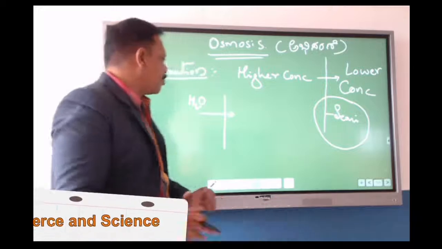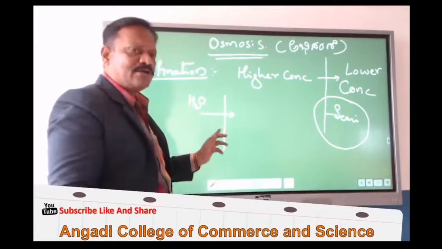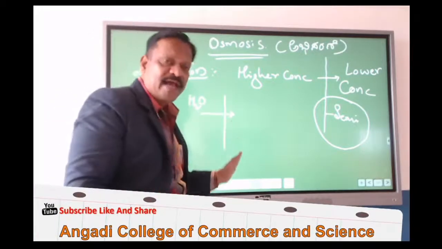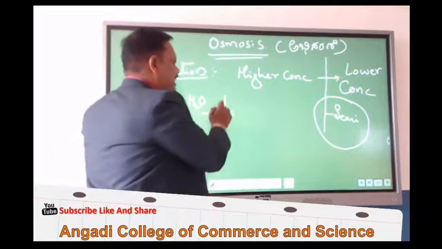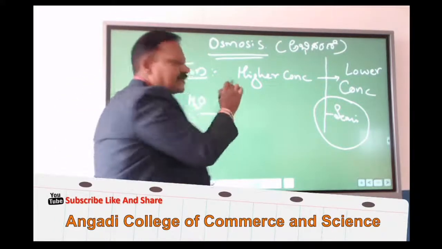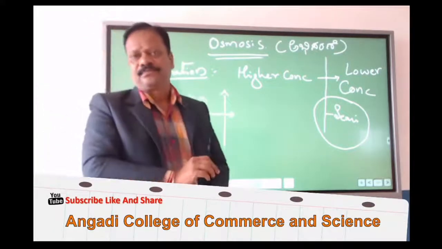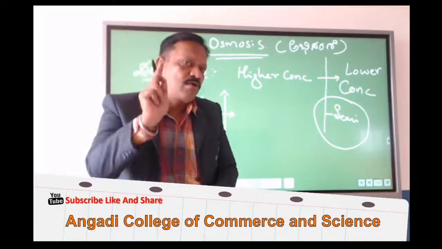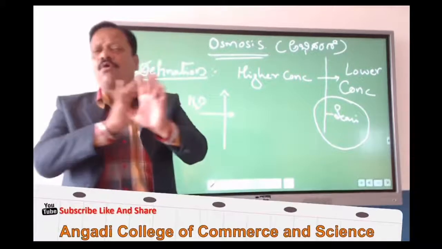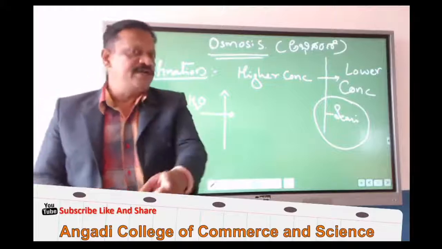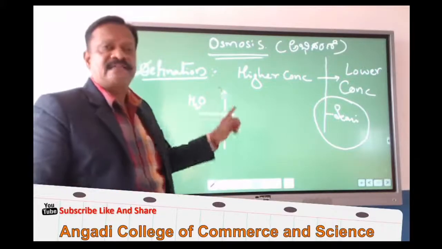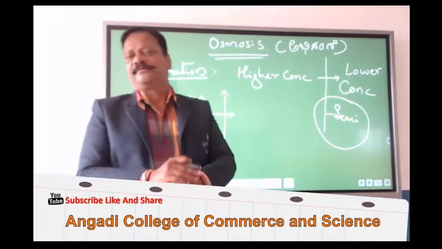If only water molecules pass through this membrane, then you call it a 100% semi-permeable membrane. ಬರೀ ನೀರು ಮಾತ್ರ ಹೋಗ್ಬೇಕು, ನೀರಿನ ಜೊತೆ ಮತ್ತೇನು ಹೋಗಕೂಡದು. Then only you call it a 100% semi-permeable membrane.